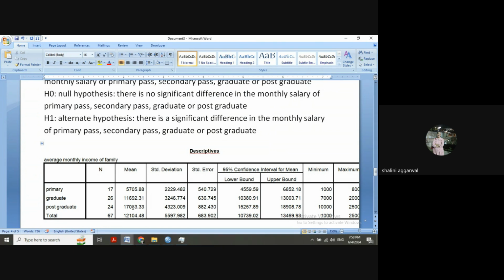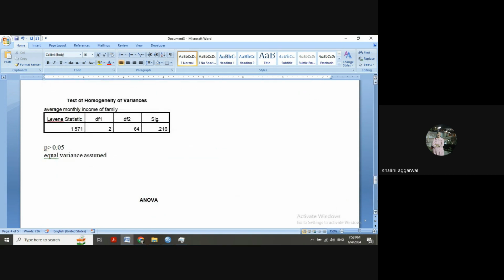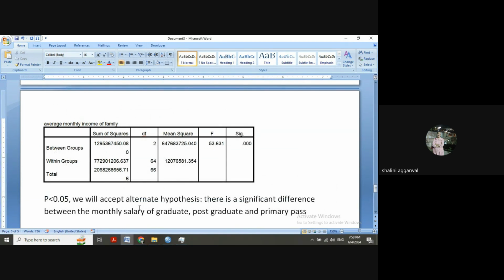So what do you conclude from here? If a person is postgraduate, he's getting more salary. If a person is graduate, he's getting a little less salary, and a primary person is getting less salary. So there is a significant difference, right? So we assume the alternate hypothesis that there is a significant difference between the salary of graduate, postgraduate, and primary pass, right? Now let's get back.